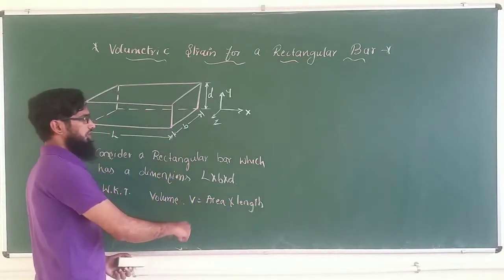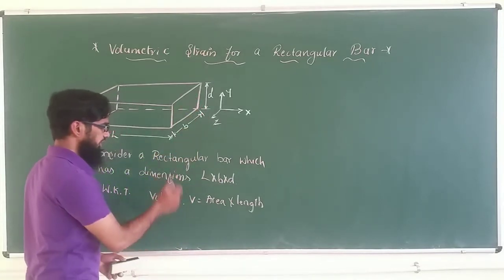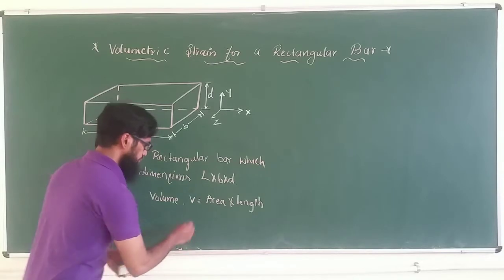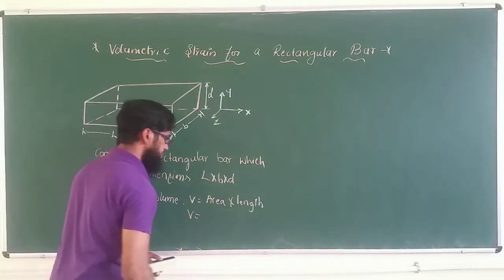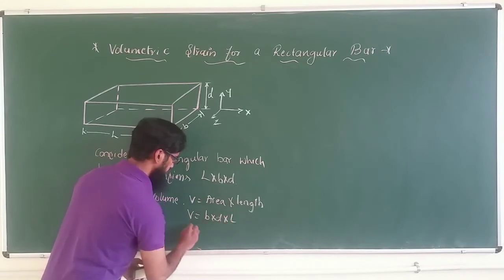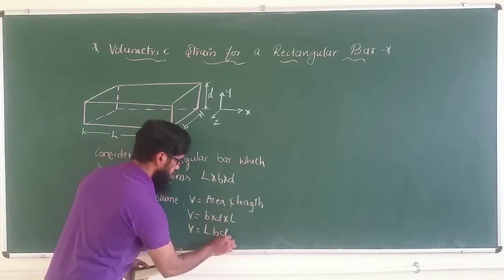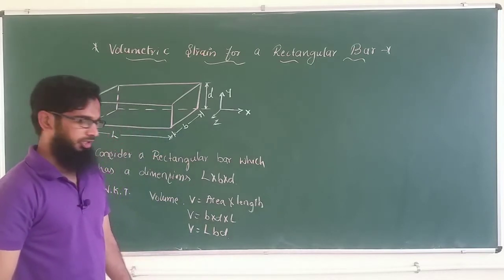The cross-sectional area is B into D, and the length is L. So V is equal to B D into L, or L into B into D. This is the volume of the rectangular bar.